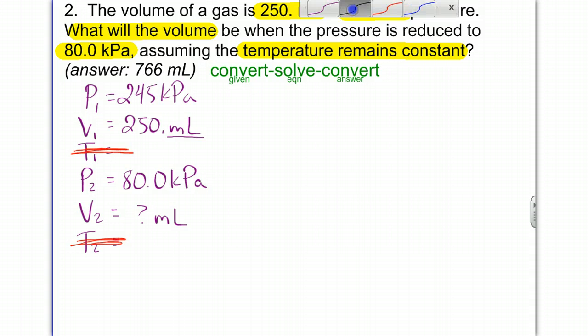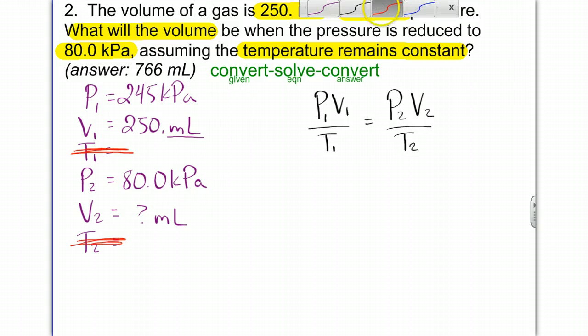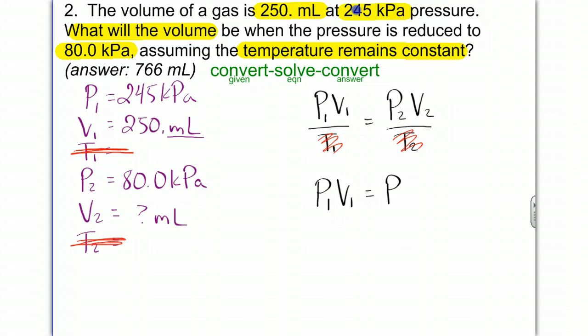My equation is going to be P1 V1 over T1 equals P2 V2 over T2. However, since temperature is constant, we will not be using temperature in this equation. So that makes my equation now P1 times V1 equals P2 times V2.